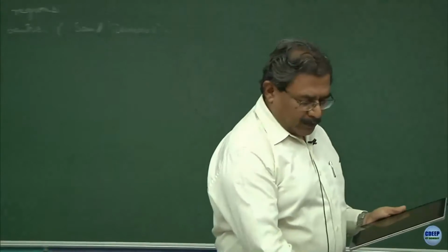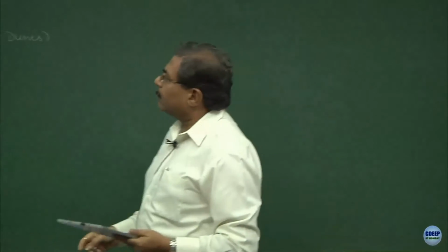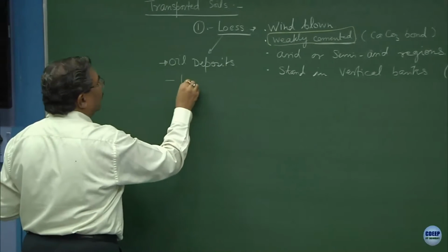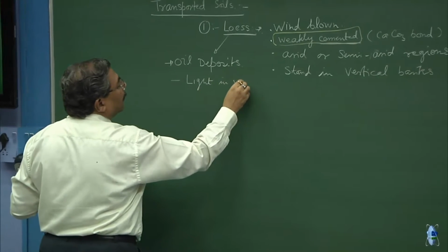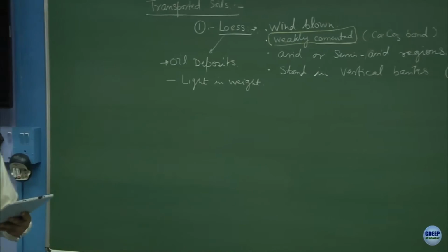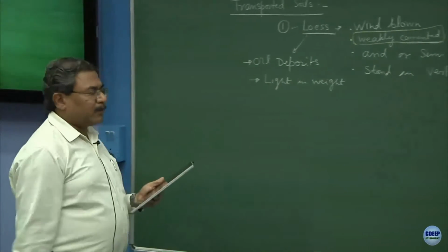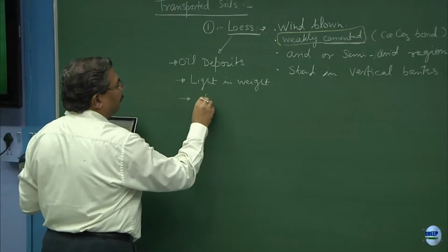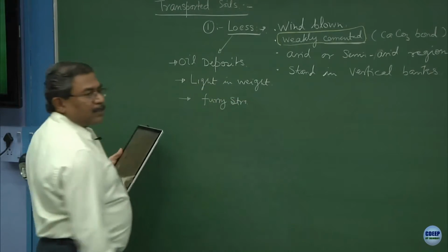And if you remember, when we were talking about the fundamental properties of the grains, these are grains which are very light in weight. Particularly if you look at their microstructure, which we will be discussing maybe after 2 or 3 lectures, you will find that they have a lot of furry structure on the surface.